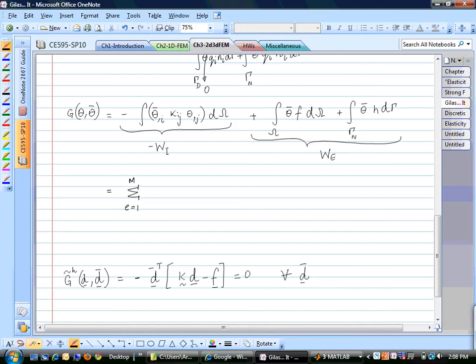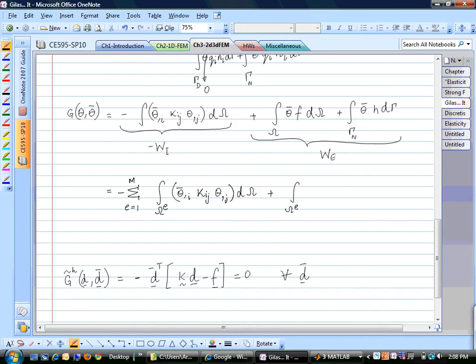Let's say we divide our domain into m elements, and we are going to write this integral as the sum over elements of, now this is omega e, the same quantity, theta comma I, kappa ij, theta comma j, d omega, plus the boundary term.